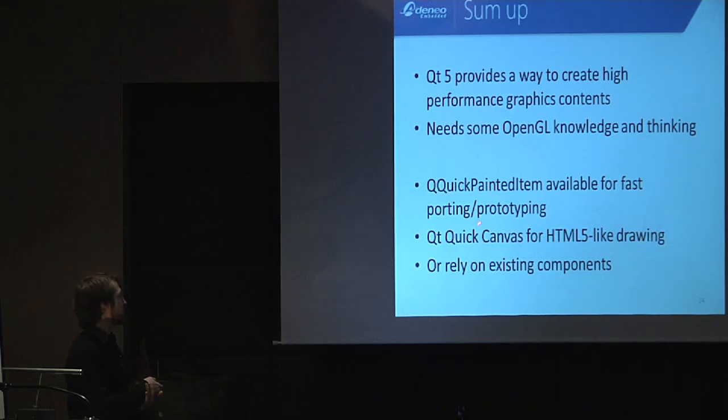The Qt Quick Canvas lets you draw in a way close to HTML5. And otherwise, of course, you can rely on existing components. So if you only display a rectangle in the application, I don't think it's useful to use that to draw that rectangle. Just put the rectangle element in Qt Quick and do that.